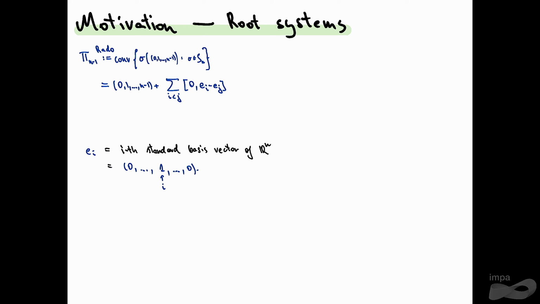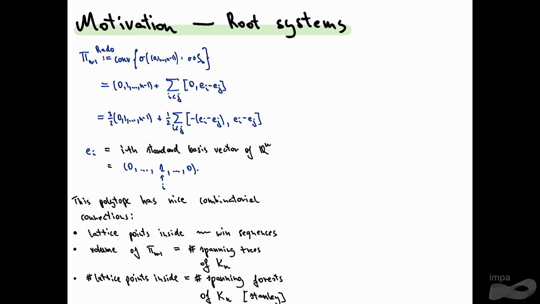I can represent the permutahedron as a Minkowski sum of intervals, which are somewhere in space. Actually, this is probably how the permutahedron was defined, and only later Rado showed that it can be presented as a convex hull. But okay, these are the details. So this permutahedron can be represented in this way.